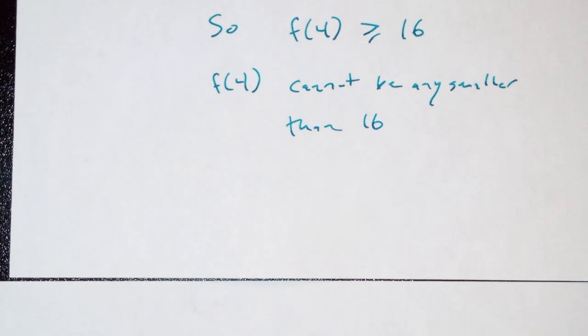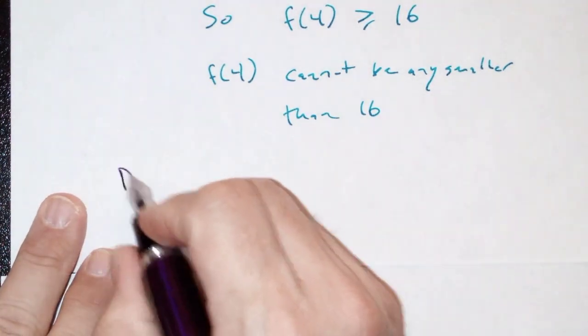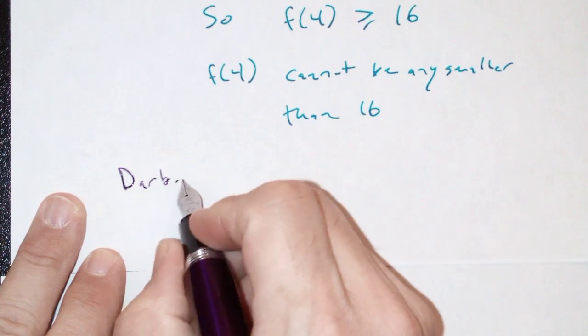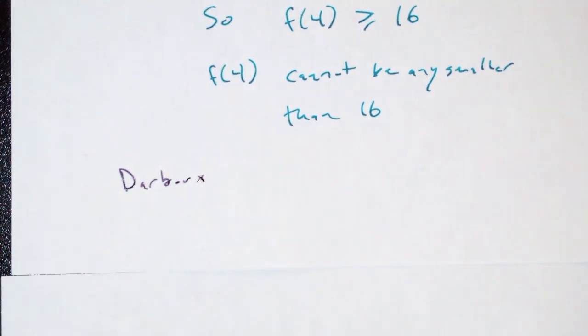For those of you with a passing interest in history, in addition to Rolle, there is a related theorem. In addition to the mean value theorem and Rolle's theorem, there's this guy Darboux. And Darboux came up with an interesting variation that allows me to relax the necessary conditions in the mean value theorem.